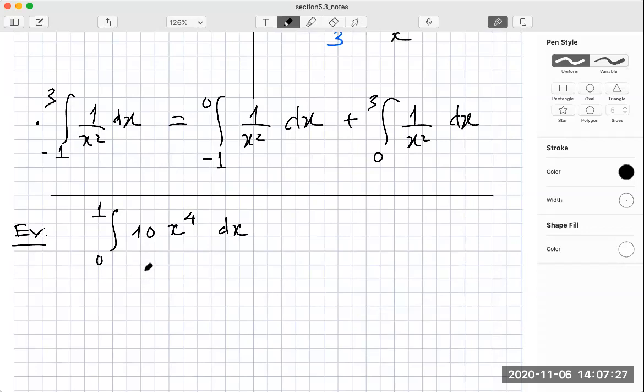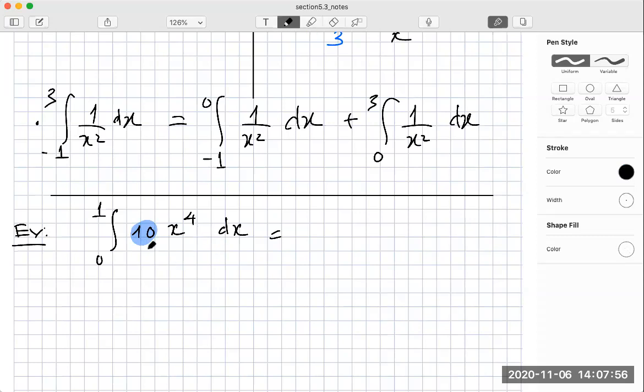Okay. What should we do? We need to find the antiderivative of this guy, right?